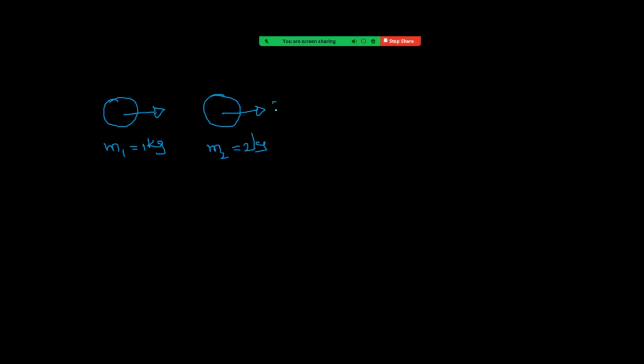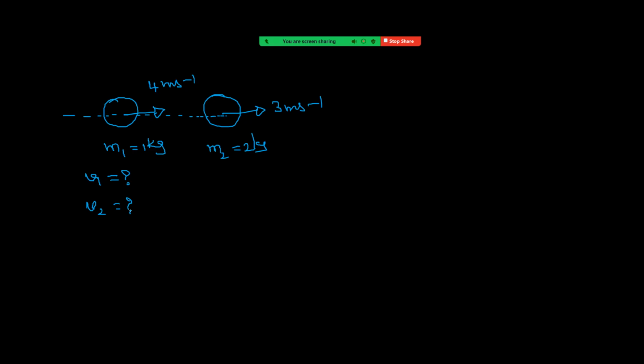Its velocity take it as 3 meter per second, and both velocities are along the same line. And this one is 4 meter per second. Both velocities are along the same line, and that line is called the common normal direction. Now we have to calculate their velocities after collision, that means V1 and V2.